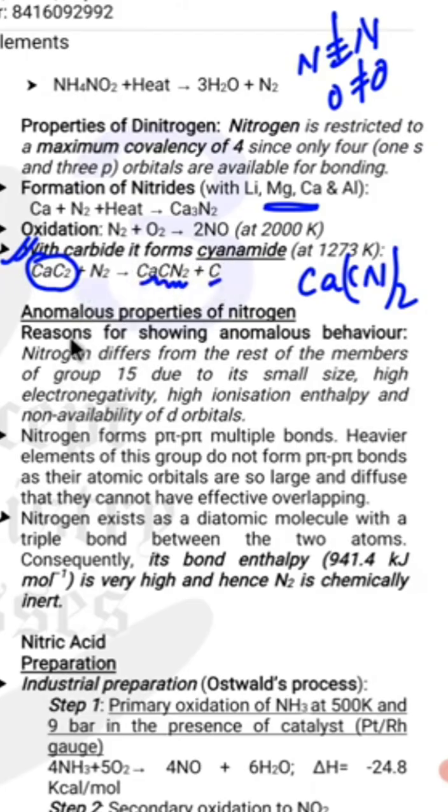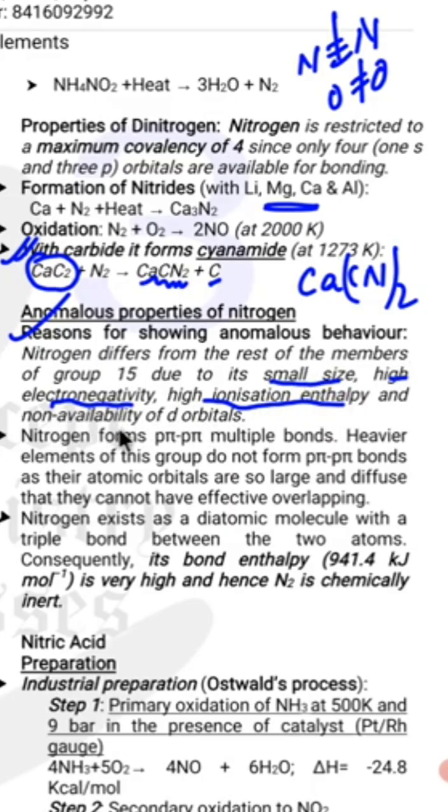Next point is anomalous properties of nitrogen, which is very important. I have already given the reason for nitrogen showing anomalous behavior: the important reason is absence of d orbitals. Other reasons are its small size, high electronegativity, high ionization energy, and non-availability of d orbitals.